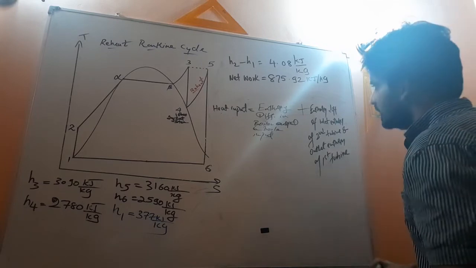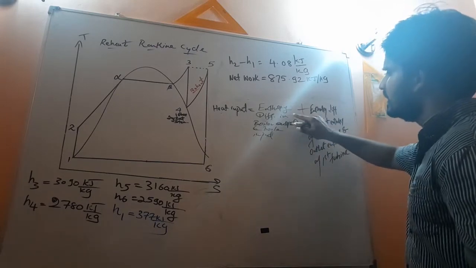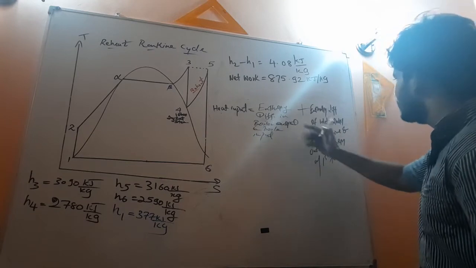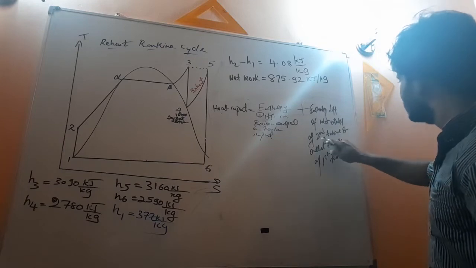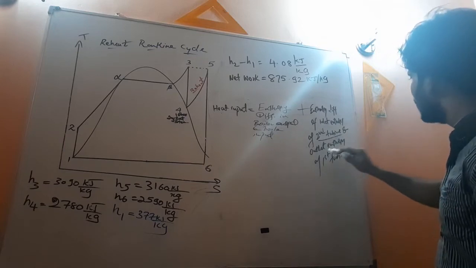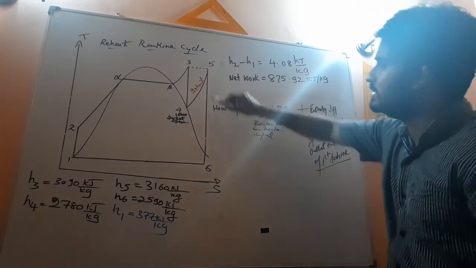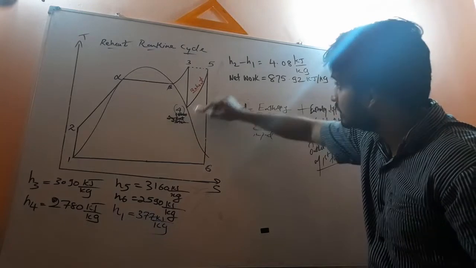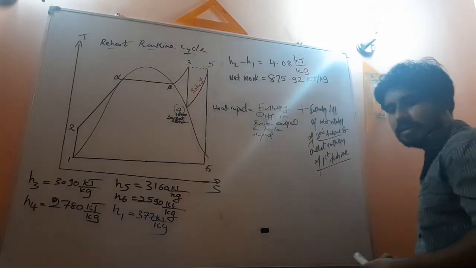You got it? So what is the total heat input? The enthalpy difference between boiler output and boiler input, plus the enthalpy difference of the inlet enthalpy of the second turbine and the outlet enthalpy of the first turbine, because it is heated from the outlet of the first turbine to the inlet of the second turbine, right? I wrote that in order to have a clear understanding, right?